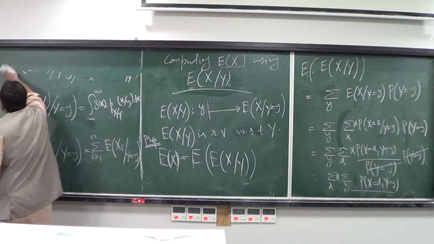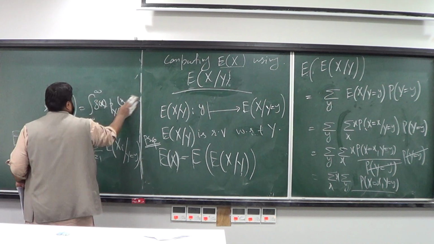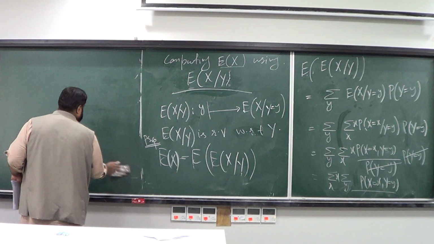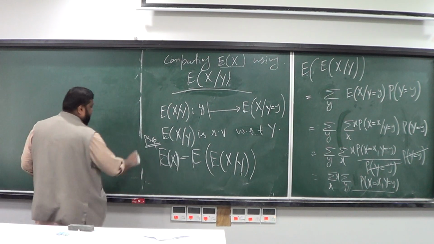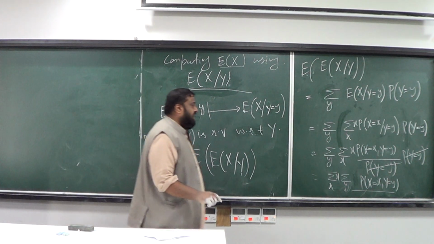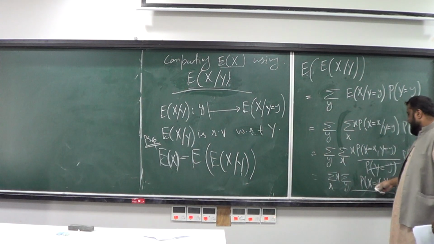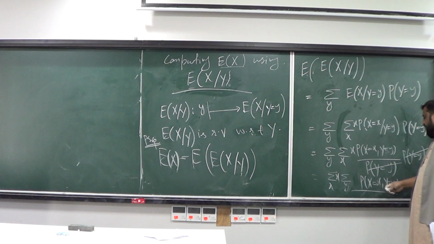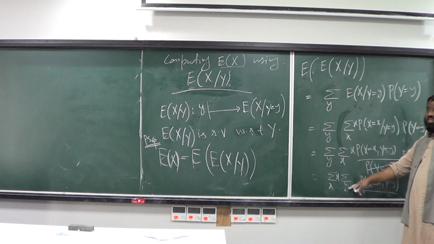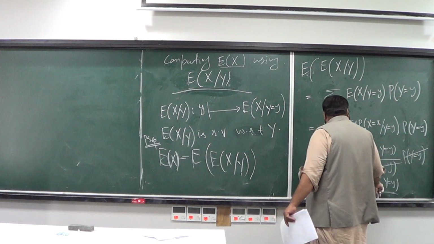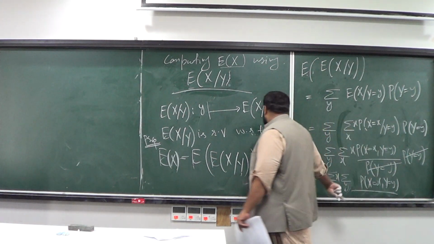So when I remain with this expression, what will remain? Can you recognize this? The probability of x equal to x is fixed and y equal to y is changing. So this is like the marginal PDF actually.